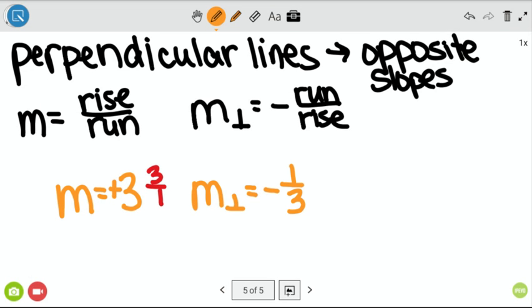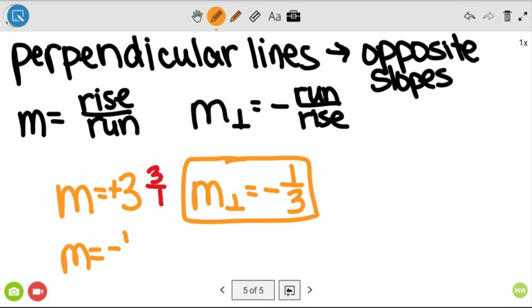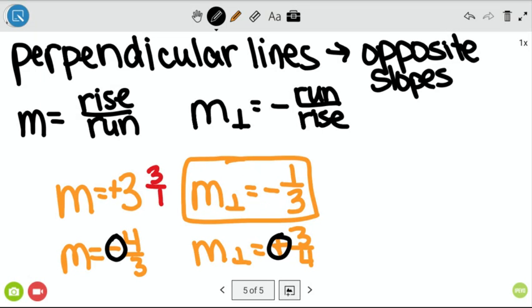So this is the slope we would work with, a perpendicular slope. Now, if I give you a slope of -4/3, the perpendicular slope that you would use would be +3/4. So on that perpendicular slope, you change the sign. If it's a negative, change it to a positive, vice versa. If it's positive, change it to a negative. And then we flip the fraction.